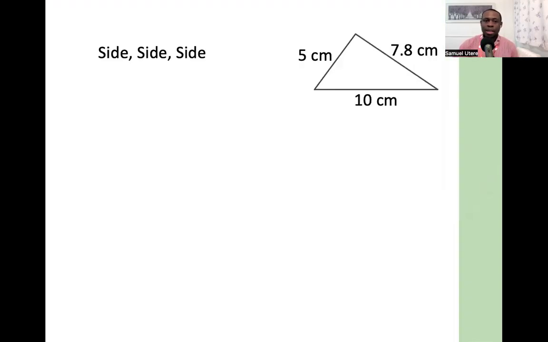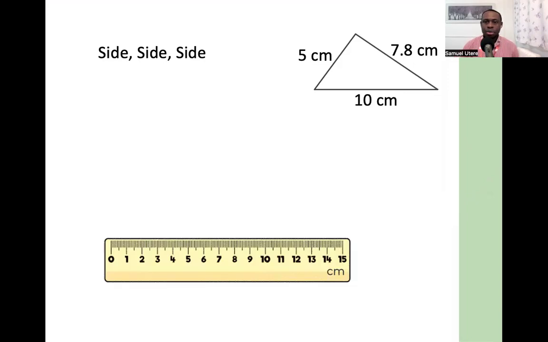So SSS means side, side, side. If we want to construct this triangle, the first thing we're going to do is to use a ruler and draw a length of 10 centimeter.